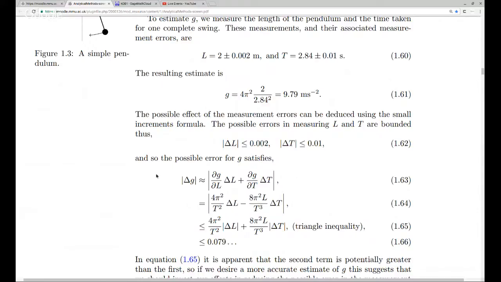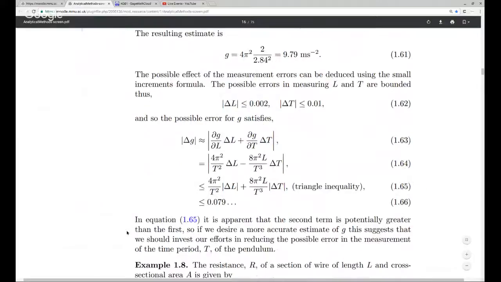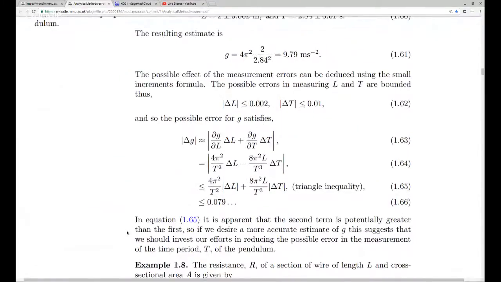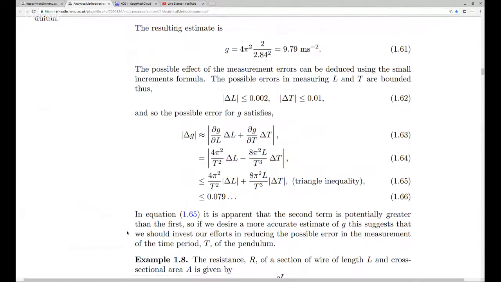So that's good. It gives us a nice way of analyzing the combined effects of these errors, how they feed through and produce an associated error for the overall function. It also allows you to see which error might be having the greater effect. Because if you look at equation 1.65, you can look at these two terms, especially when you evaluate them at the base point. You can see which one is the greater.